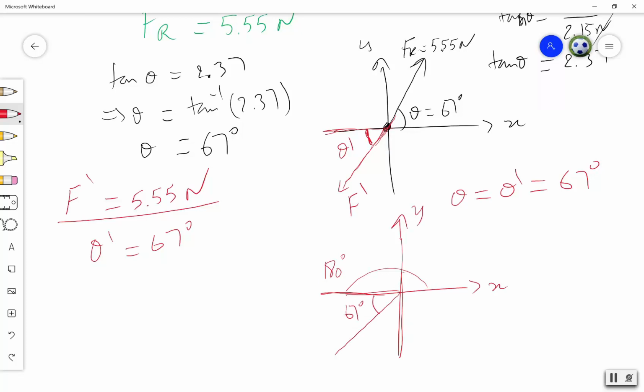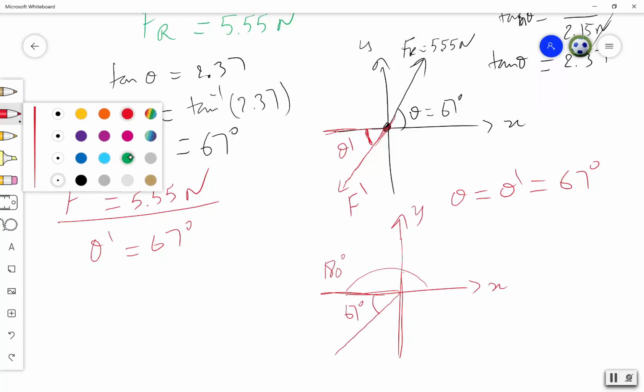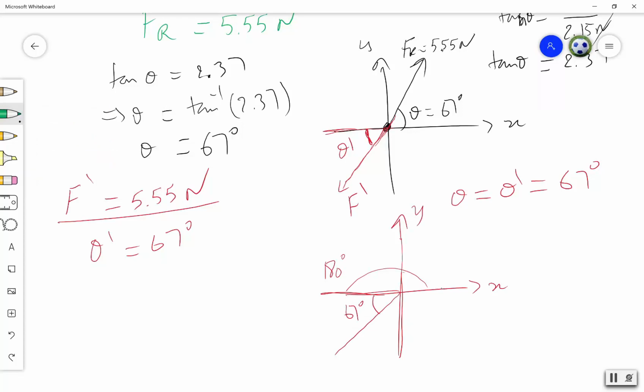Because you want to report your angle with respect to the x-axis, and the third quarter, so there are 4 quarters. It will be nice to know the geometry. So this first quarter is 90 degrees, the second quarter is 180, and the third quarter. So you can report the direction of the force, this is F prime, by saying it's about this angle from the x-axis.